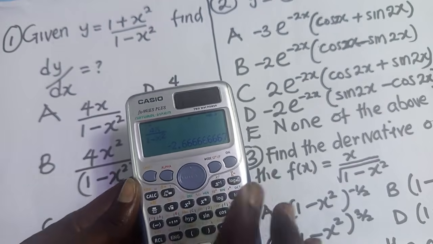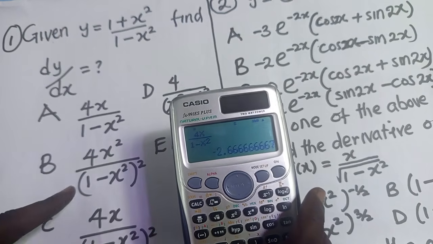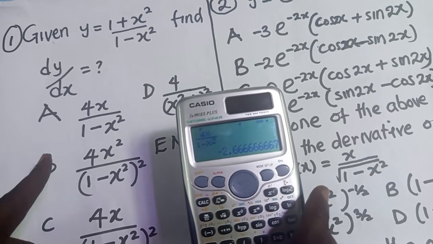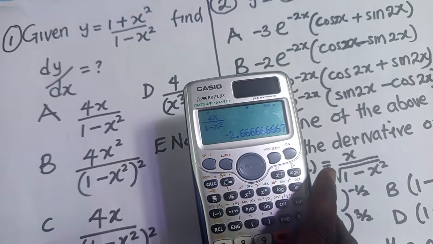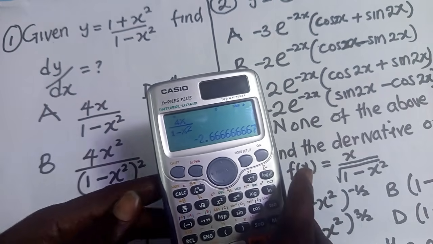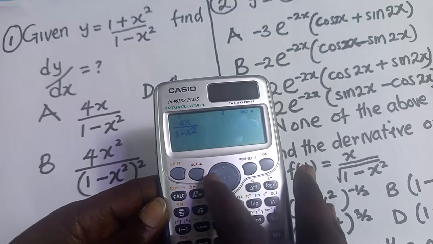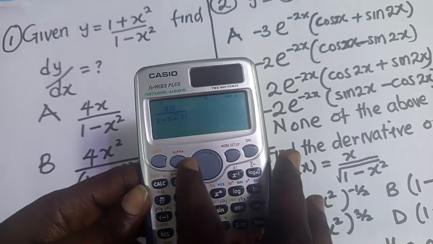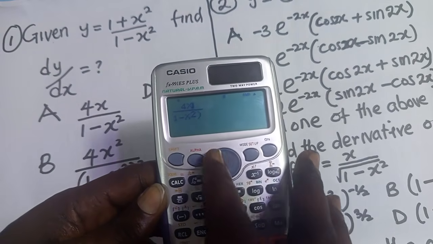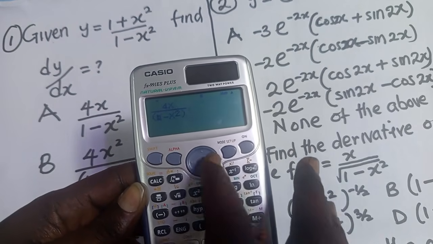We go again. What is option B? 4x squared divided by open bracket 1 minus x squared, all squared. So let us modify this one, no need to retype it. Put a close bracket here, come here and adjust it, put an open bracket here.